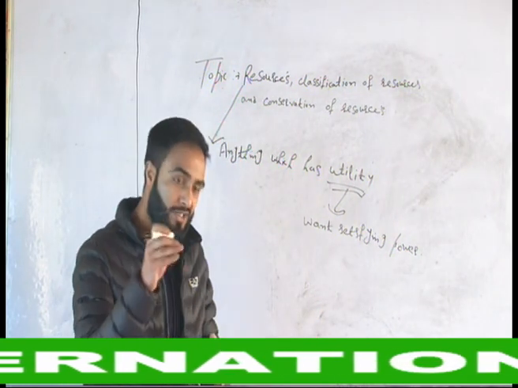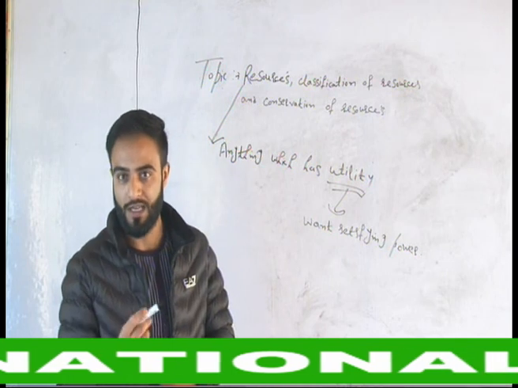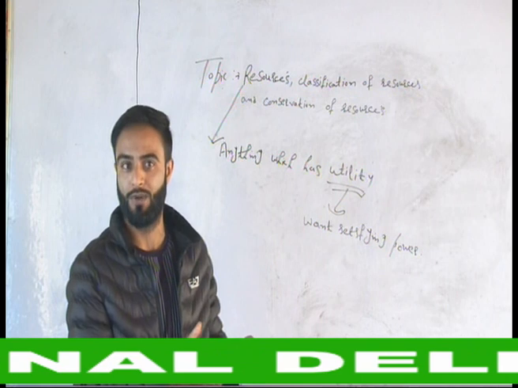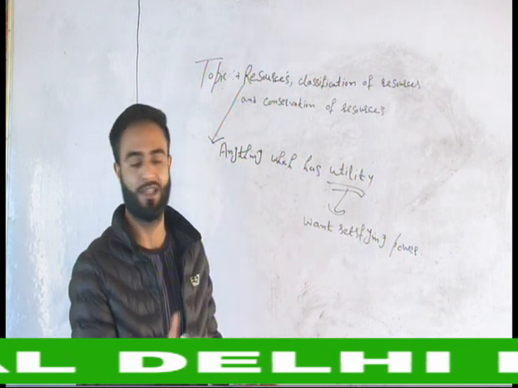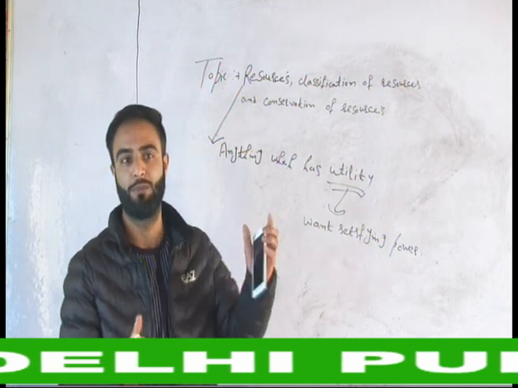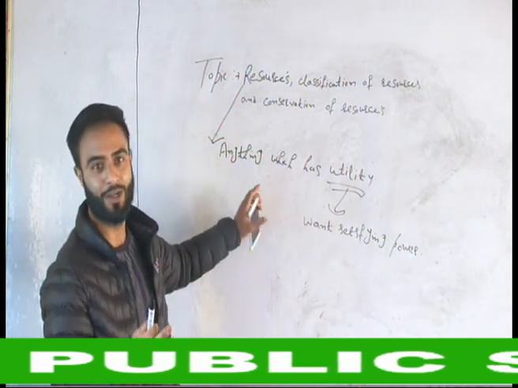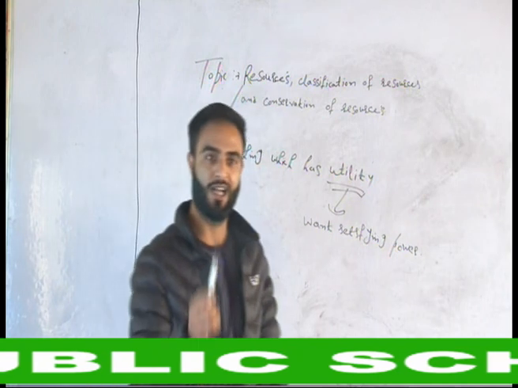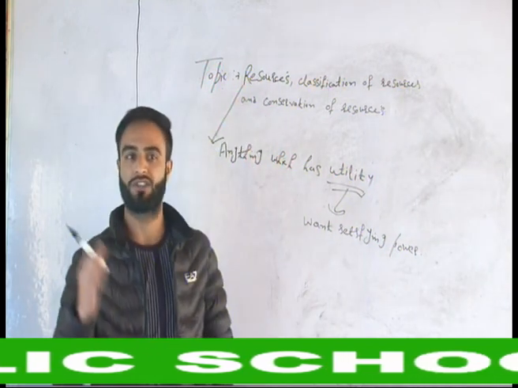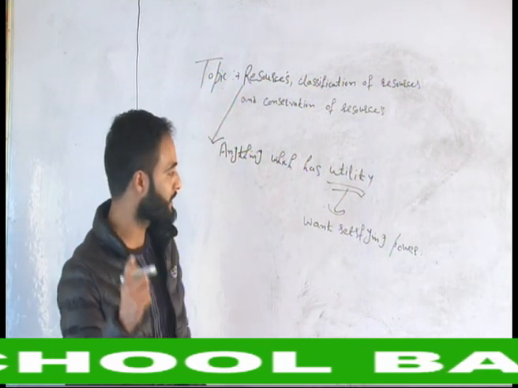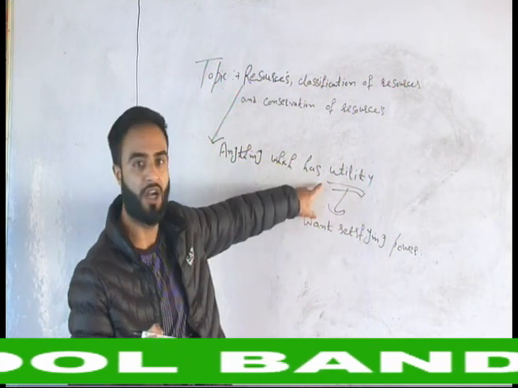The power hidden within this marker can't be hidden within this cell phone. A cell phone has a specific power. We can make calls or send messages with it, but we can't write on this board with it. Whether its cost is high or low, everything has a specific power, and that specific power is called utility.